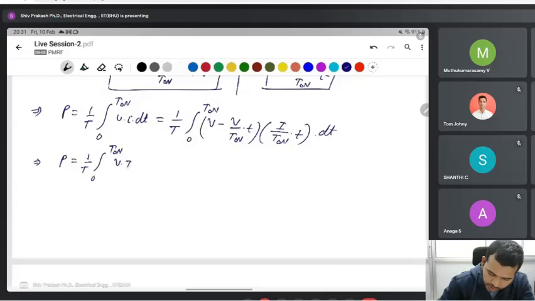V into I divided by T on into t, multiplied by both.